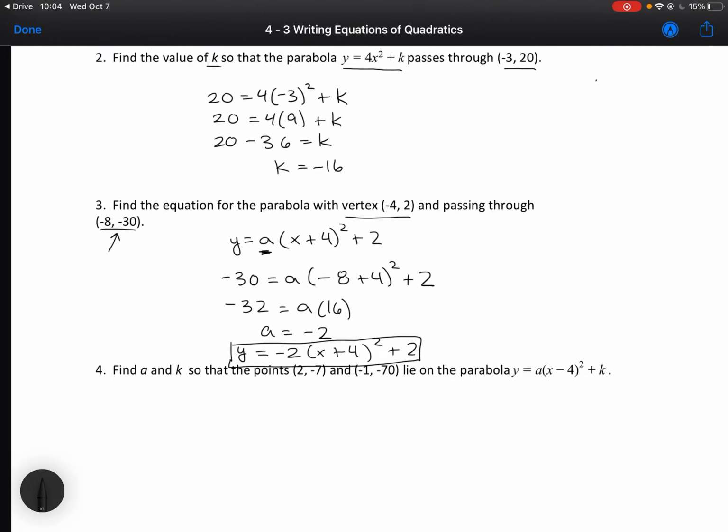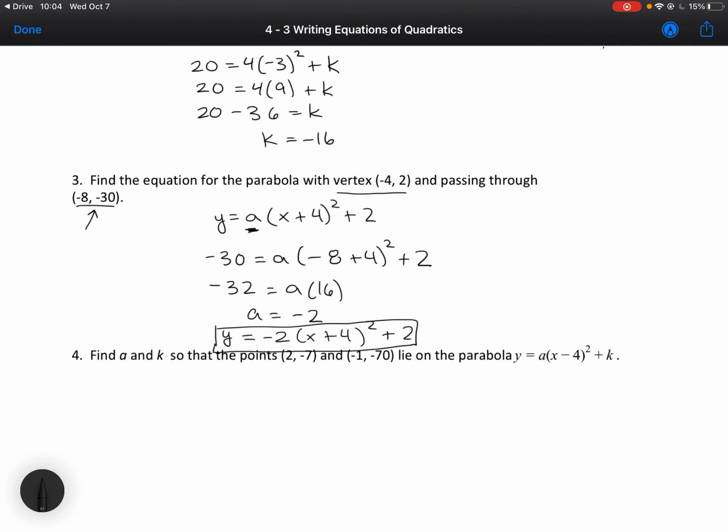Okay. The last example that we're going to do is find two parameters. I've got my parabola here. I know the x-coordinate of my vertex, and I know 2 points. I'm going to start off by substituting in one of my points here. Let's do (2, minus 7) first. So a times (2 minus 4) squared plus k.